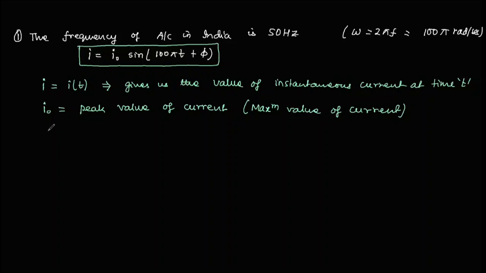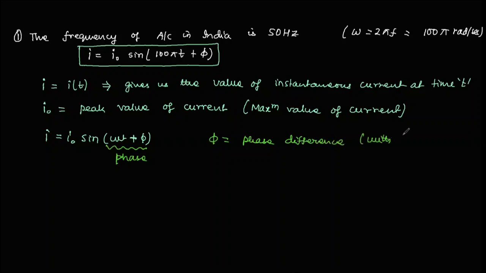The entire term, when I write I is equal to I naught sine omega t plus phi, so this entire term inside this bracket is regarded as phase, and the phi over here depicts phase difference, and it is generally the phase difference with alternating voltage.